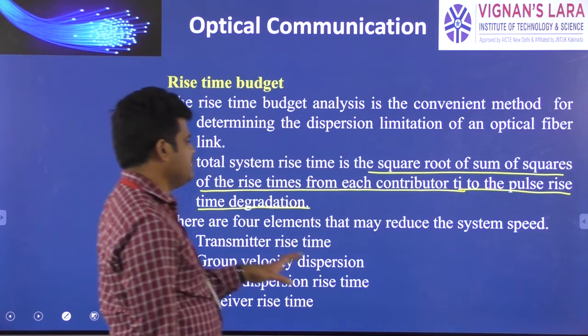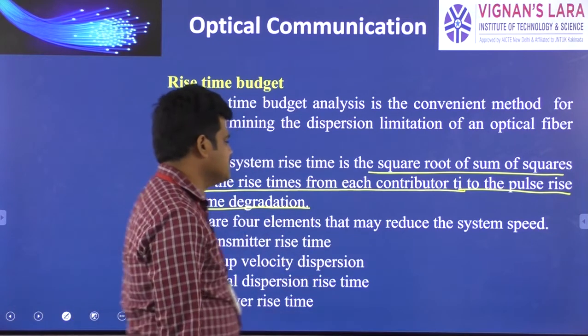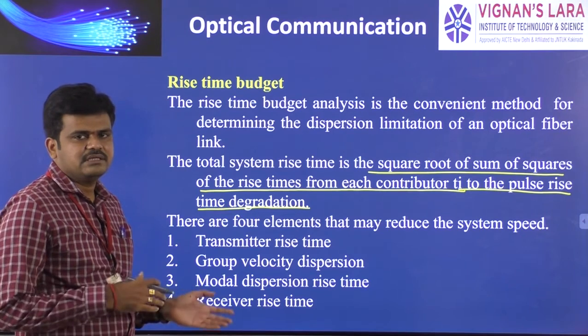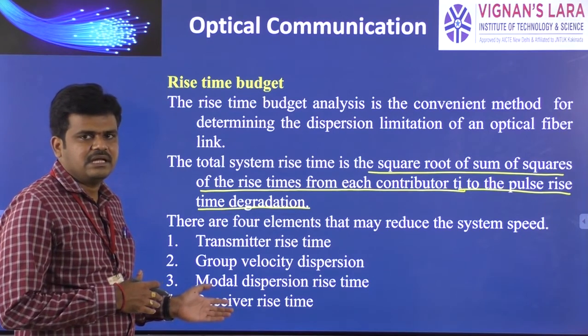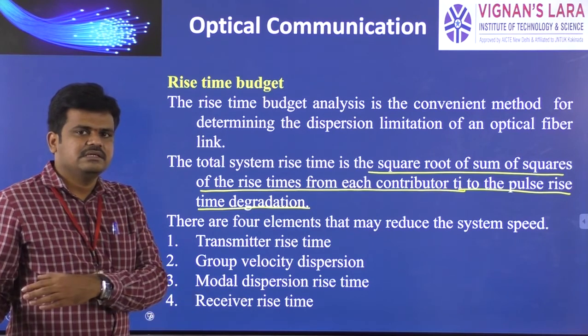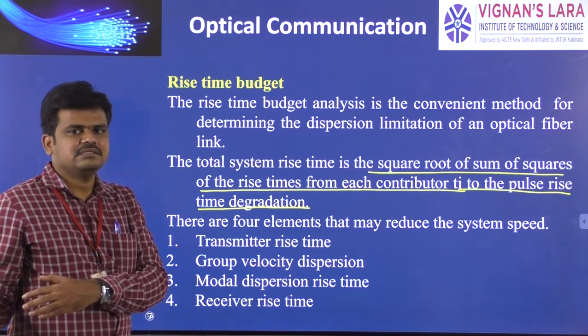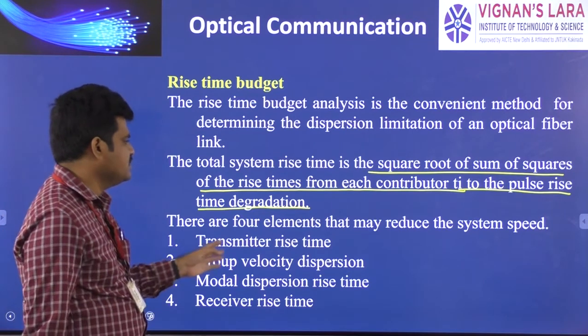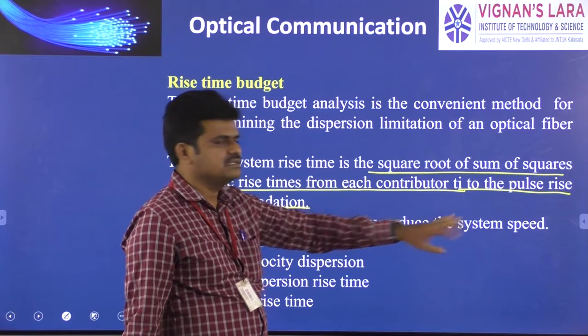So there are 4 elements that may reduce the system speed. Why is the light transmitted from the transmitter received with some delay at the receiver? There are few reasons for the reduction of the system speed.